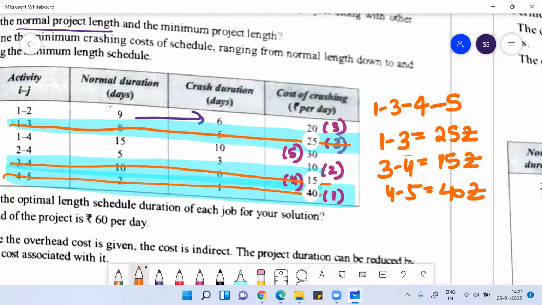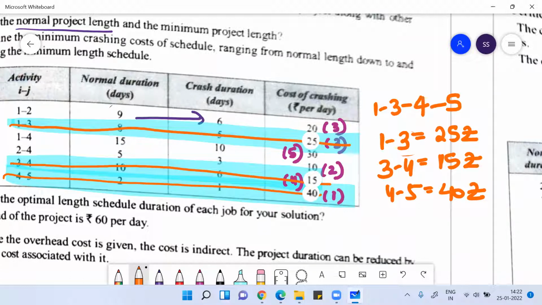So which one should you try to reduce first? If you want to reduce the project duration, because you feel 20 days is too much, I can focus on 3 to 4, which I can reduce by 4 days, right?